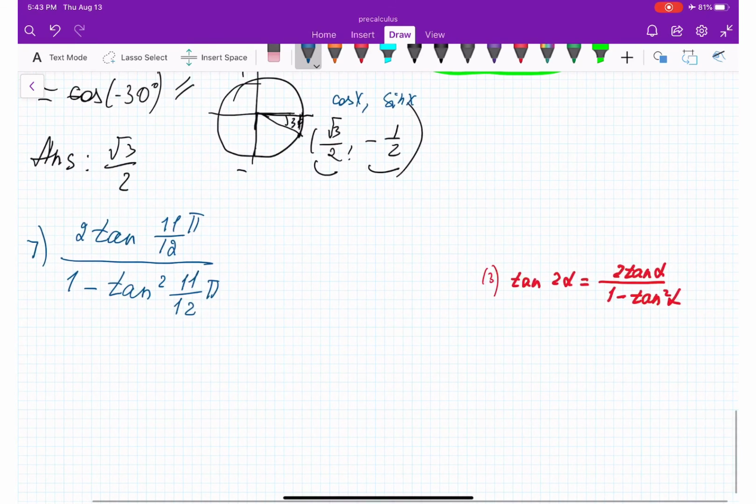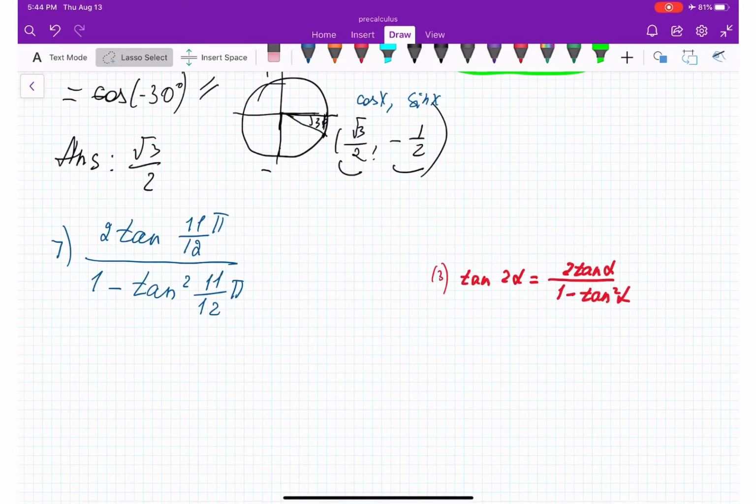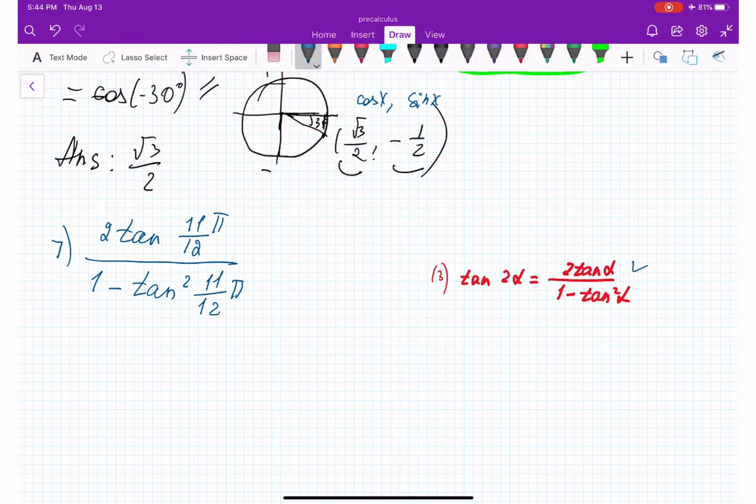So, move closer. Do we have in the numerator here 2 tangent alpha? Yes, here we have 2 tangent 11 over 12 pi. Do we have in the formula 1 minus tangent squared alpha? Yes, we have here 1 minus tangent squared, same alpha, 11 over 12 pi.